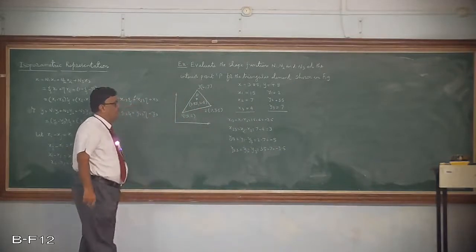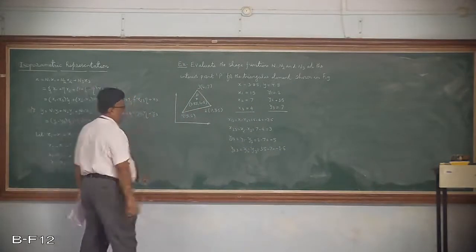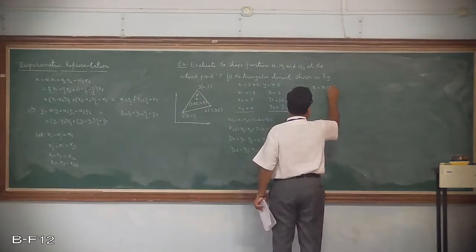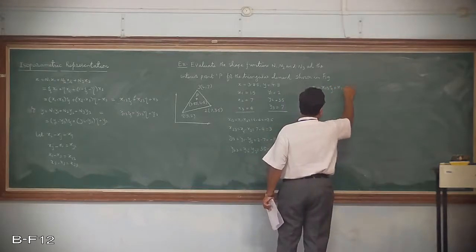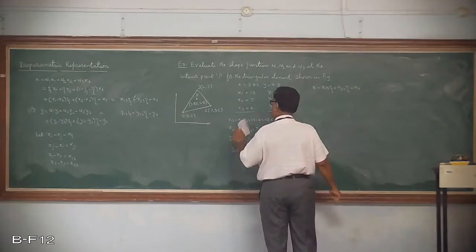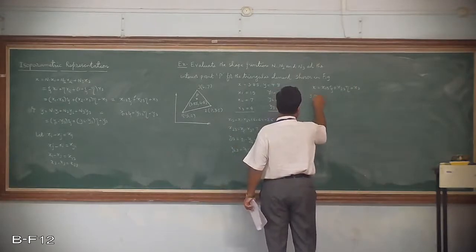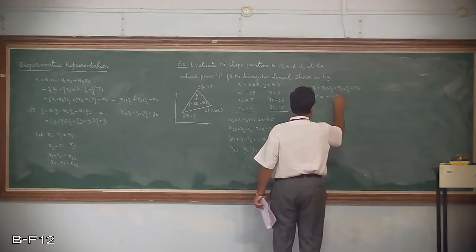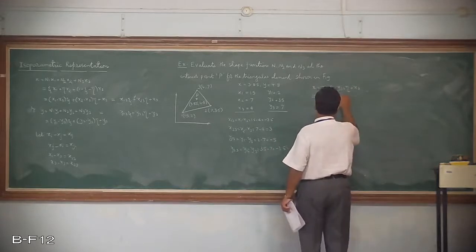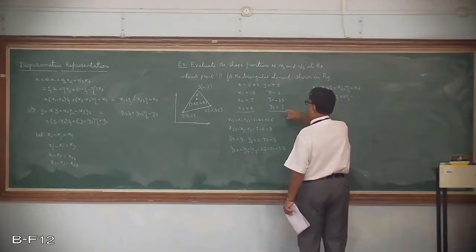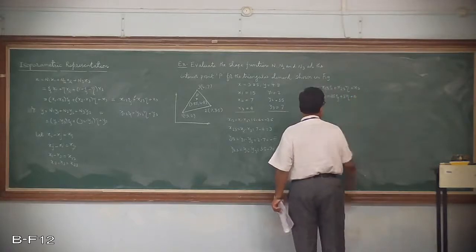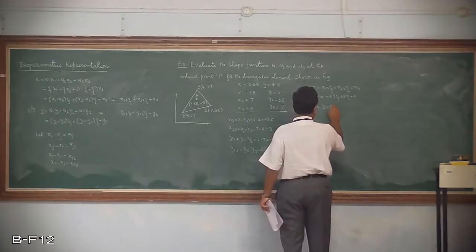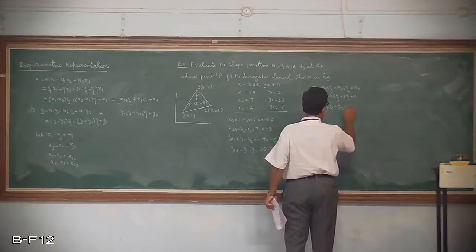Once you know these, let us make use of the two relations. x equals x13 zeta plus x23 eta plus x3. So 3.85 equals minus 2.5 zeta plus 3 eta plus 4. Similarly, the second one, y equals y13 zeta plus y23 eta plus y3.